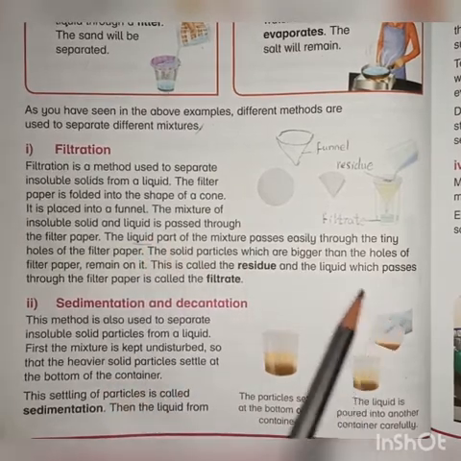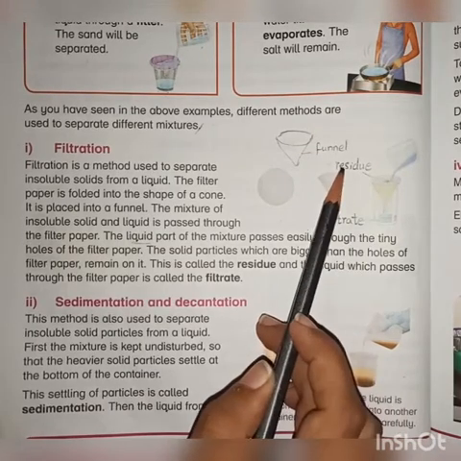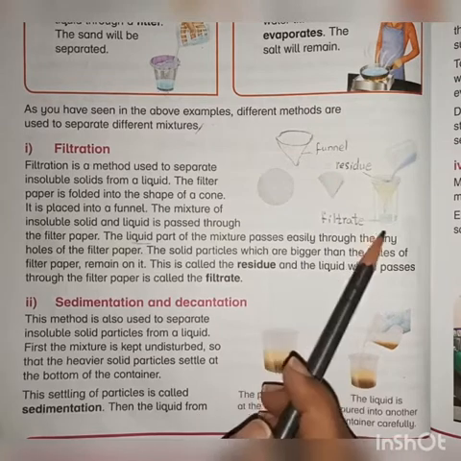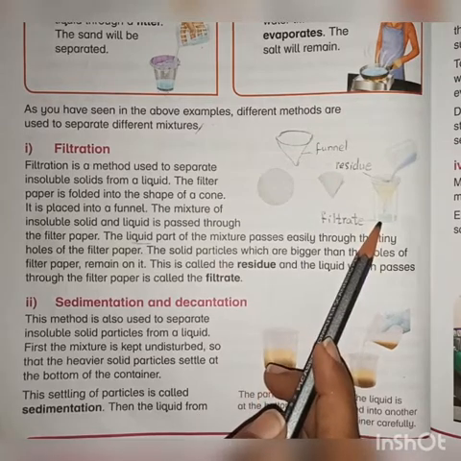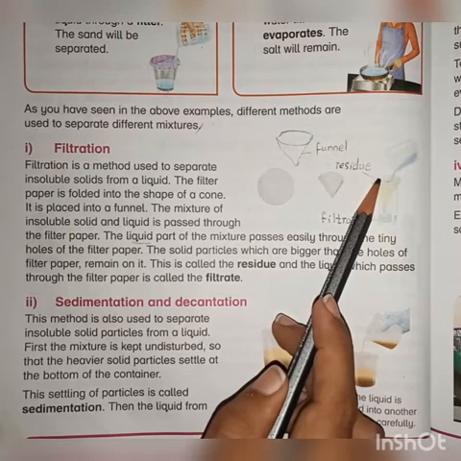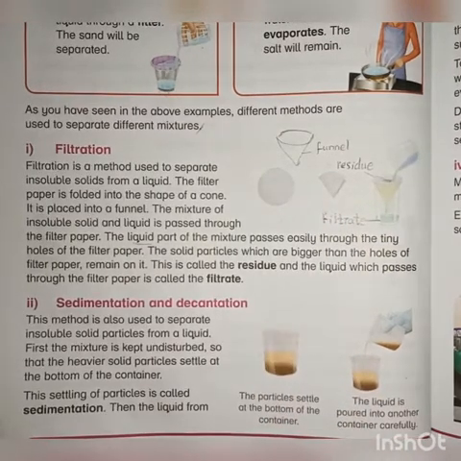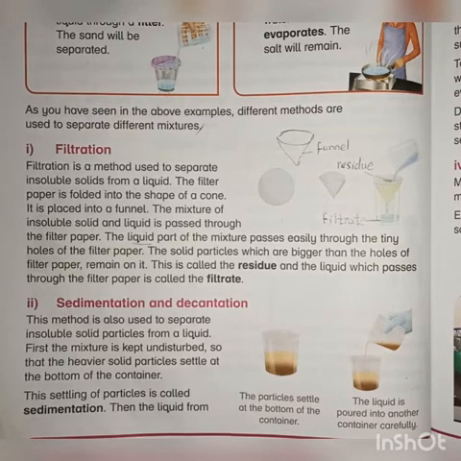The solid particles that remain on the filter paper, this is called residue, and the liquid part that passes easily through the filter paper, this is called filtrate. This is called filtrate, and this is called residue. In this way, with the help of filtration, we separated liquid and insoluble solid mixture.